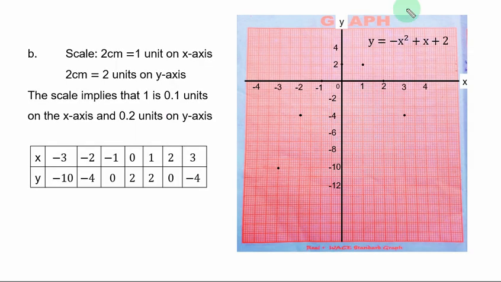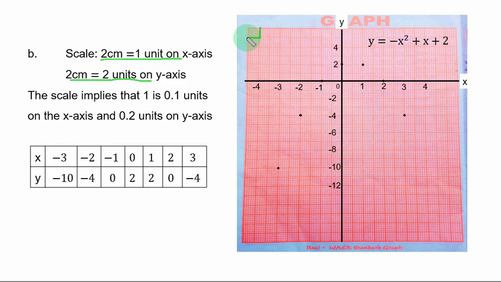B part of the question is to plot the graph. Let us restate the given scales: 2 cm to 1 unit on the x-axis, 2 cm to 2 units on the y-axis. In this graph I'm using, each box or square contains 5 lines. By default, each box is 1 cm.